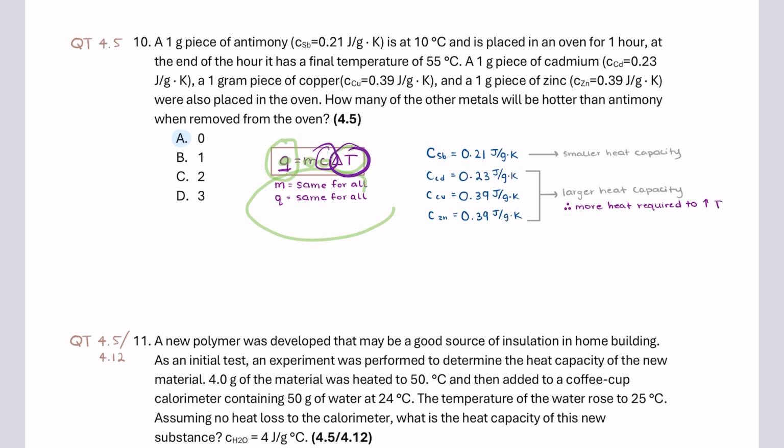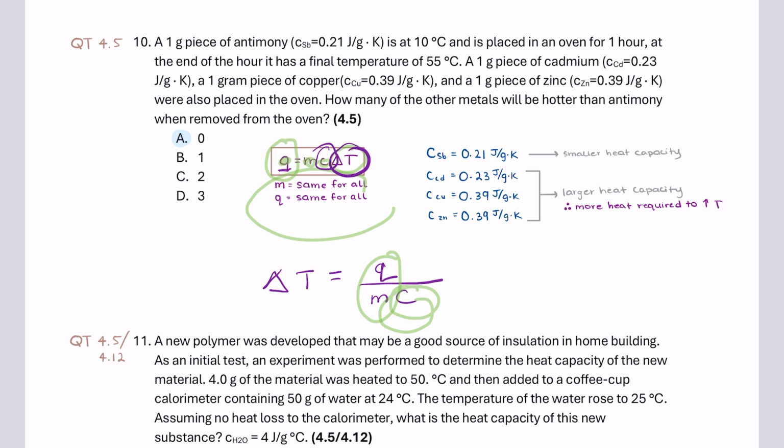If we rearrange the equation to solve for temperature change, we get that delta T equals Q divided by mass times the specific heat capacity. And once again, since m and Q are the same for all metals, the metal with the lowest specific heat capacity will experience the largest temperature increase.